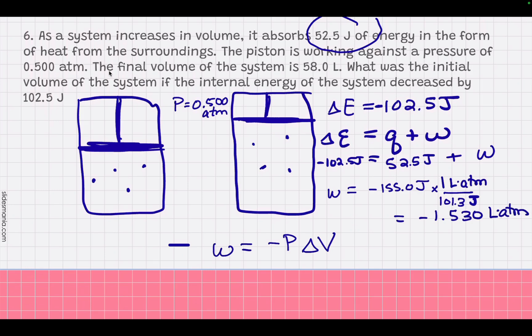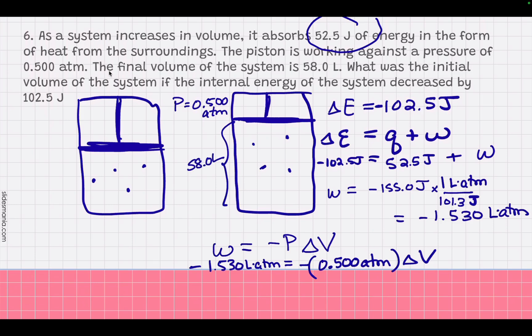So I can plug that number in for my work over here. So negative 1.530 liters atmosphere is going to equal negative, and then times the pressure that's acting against the piston, times the delta V. I know my final volume is 58 liters from the question, but I don't know my initial.